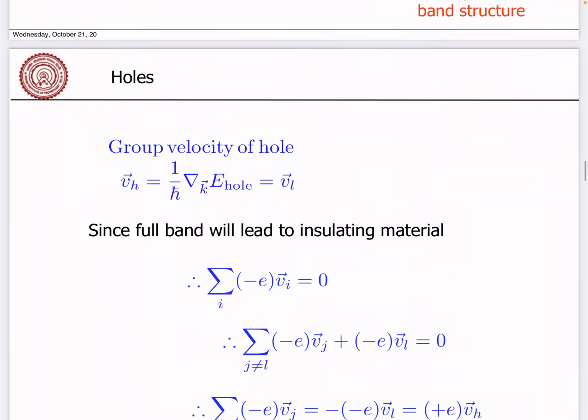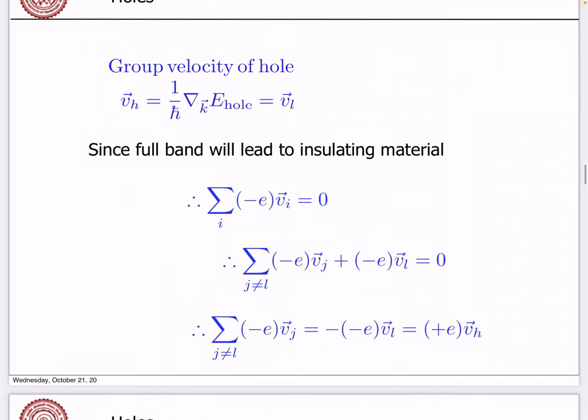Okay, so now let us do this exercise. Let us try to write down the group velocity of the hole, right? So group velocity we defined in the last class as 1 by h-bar times the gradient of the energy, so del E del K basically. In this case, this is for the hole, so E, the energy of holes, we are writing.